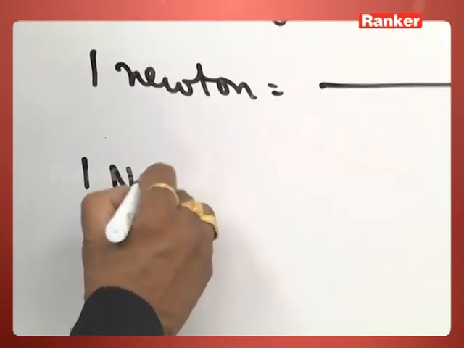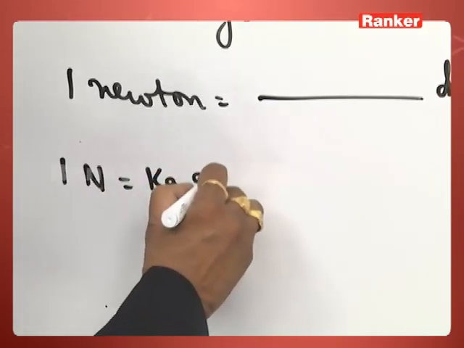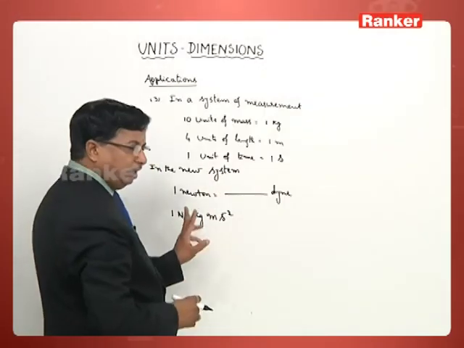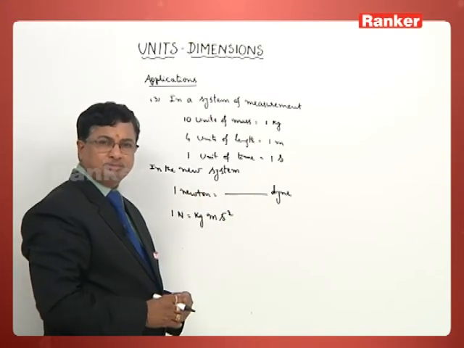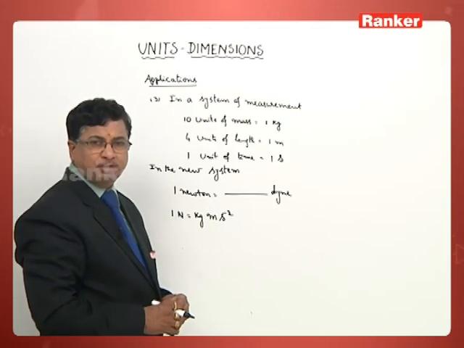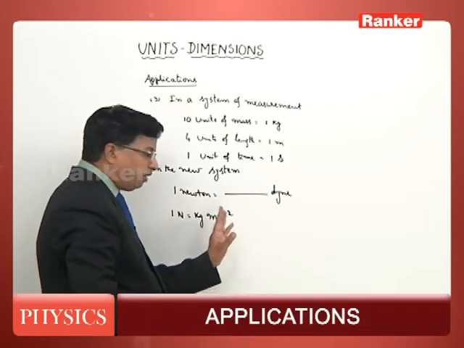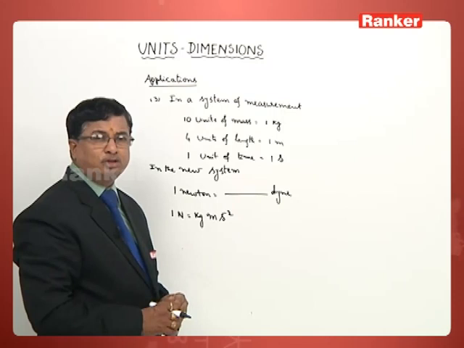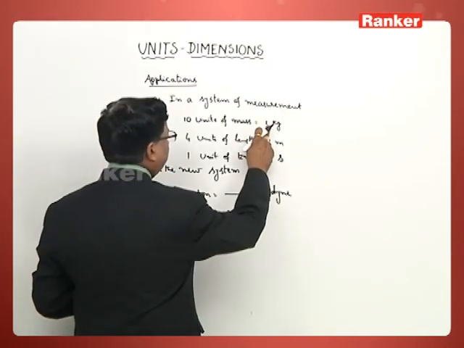So, let us take this one first of all. What is 1 Newton? 1 Newton is kilogram meter per second square. That is actually mass into acceleration in SI units. Mass is kilogram and acceleration is meter per second square. So, kg meter per second square we call a Newton. So, what you need to do now is, what is 1 kilogram?